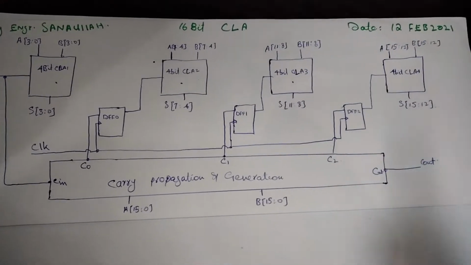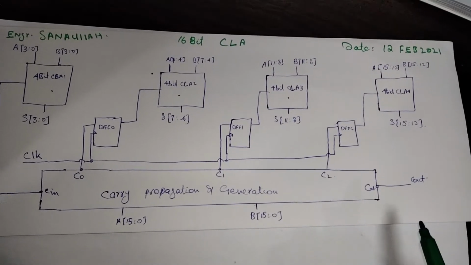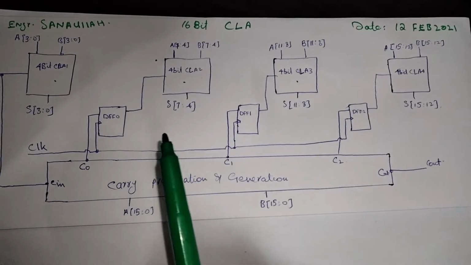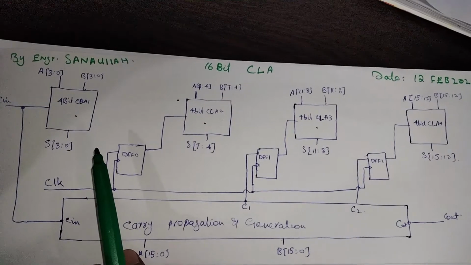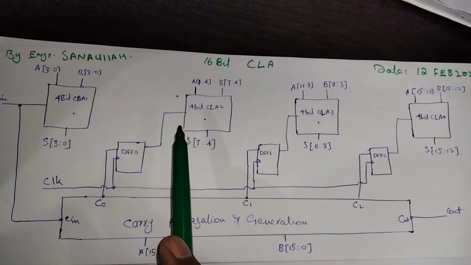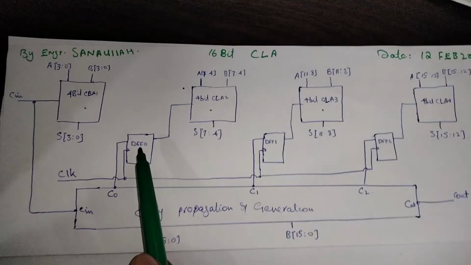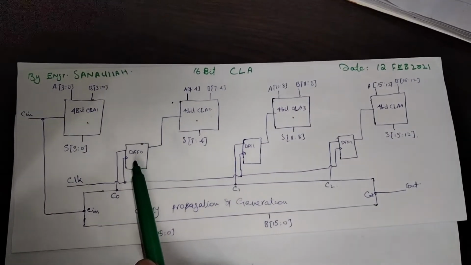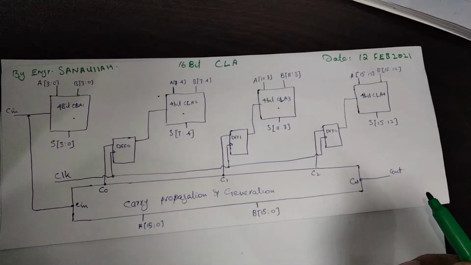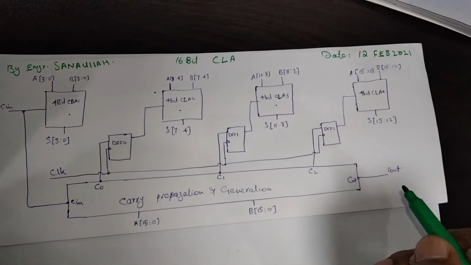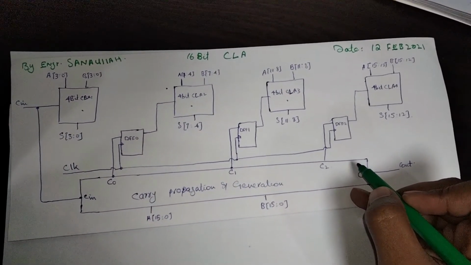In the Ripple Carry Adder part, I have discussed that the C out of the first adder is fed into the C in of the next adder through a flip-flop. But for CLA it's not the same. In CLA we implement an additional circuit which is called the carry propagation and generation circuit.